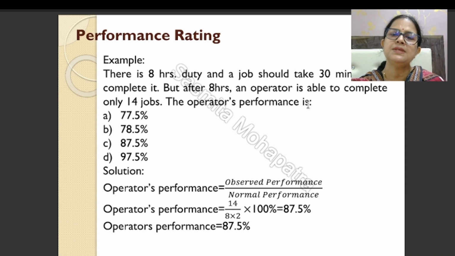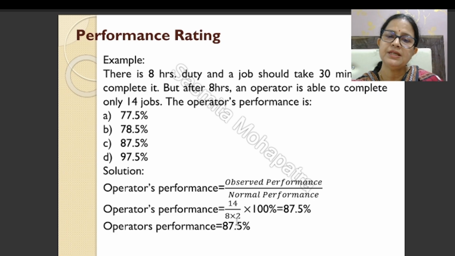How are we going to calculate the operator's performance? The observed performance is the operator's performance, that is 14 jobs, divided by what the time study analyst considers the normal performance, that is 8 into 2.